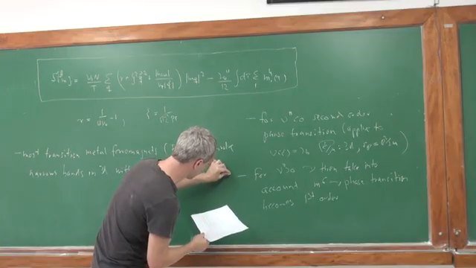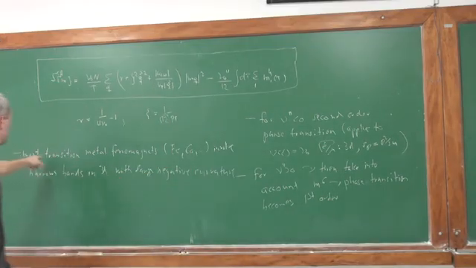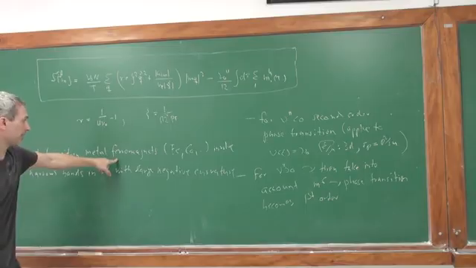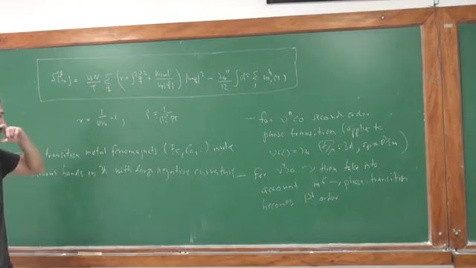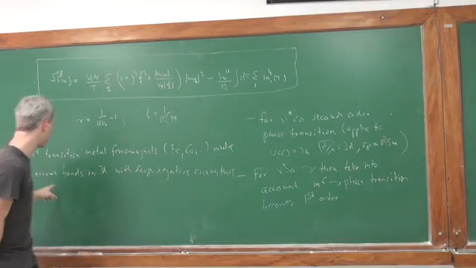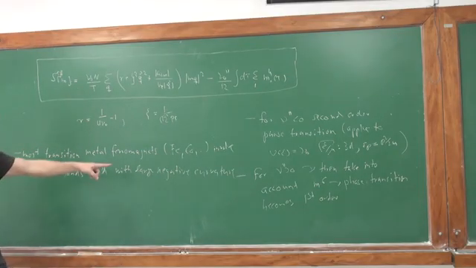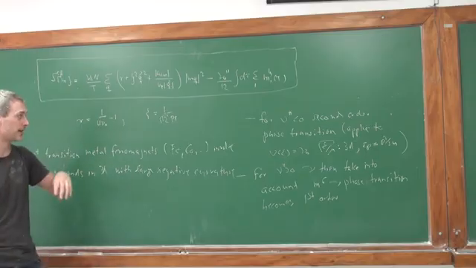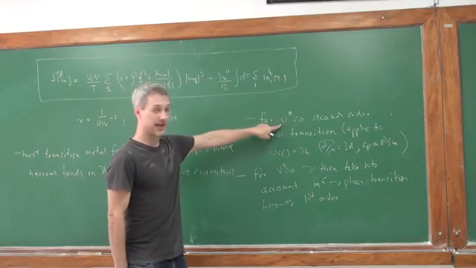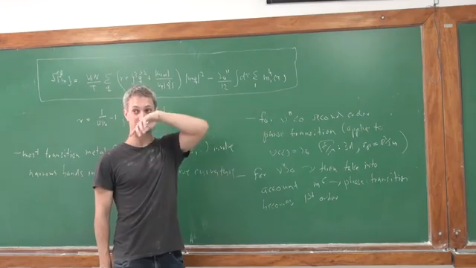So I hope you can read. This means the second derivative is negative and the density of states is typically large.